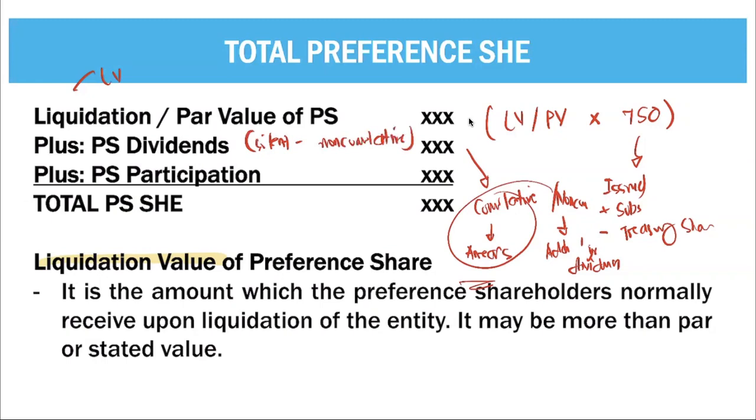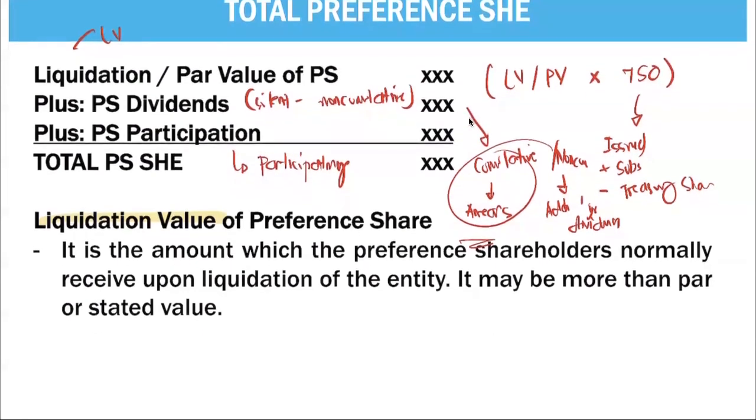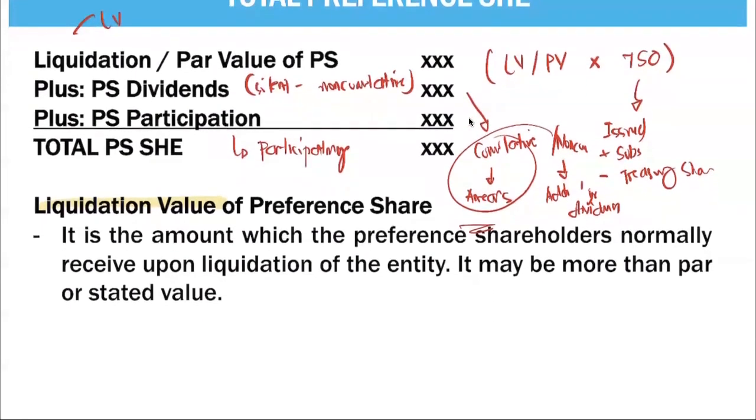Next, you have your PS participation. This happens whenever the preference share is considered participating. So how do we compute for your amount of participation? If you still remember, you give basic dividend before, right? But since we are in your book value per share, what we do is we have here your OS and we have your PS. We get first their par value or your total liquidation value. So total par value of OS and PS. What is this total par value?